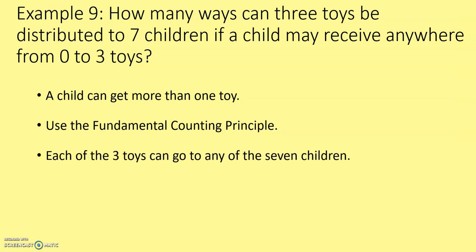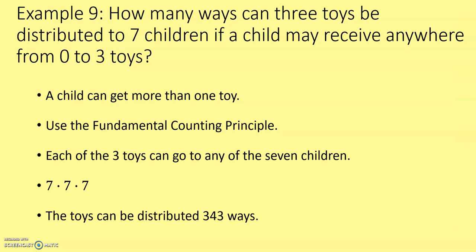Each of the 3 toys can go to any of the 7 children. So that first toy can go to 7 children, the second toy can go to 7 children, and the third toy can go to 7 children. 7 times 7 times 7. The toys can be distributed 343 ways.